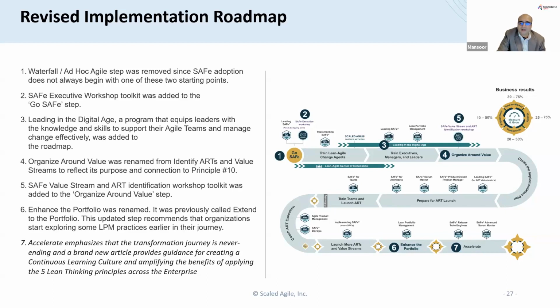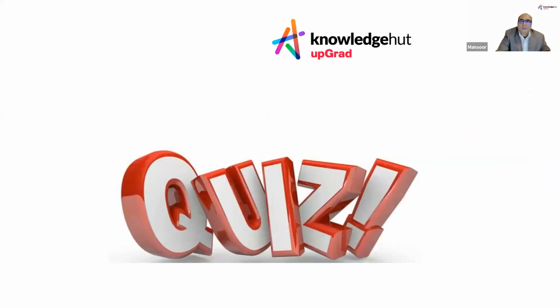Value stream and ART identification workshop toolkit was added. Enhanced portfolio was renamed, previously called extend to portfolio. Some things got updated, right? And accelerated emphasizes the transformation journey of an organization. And we started looking at how we embed learning and have five lean thinking principles around the enterprise. That was also added.